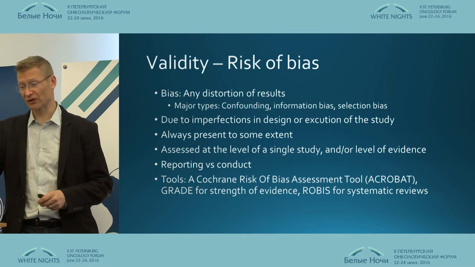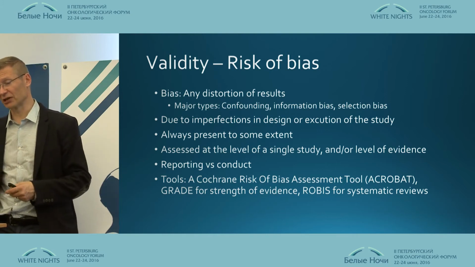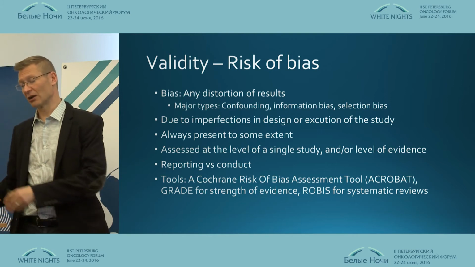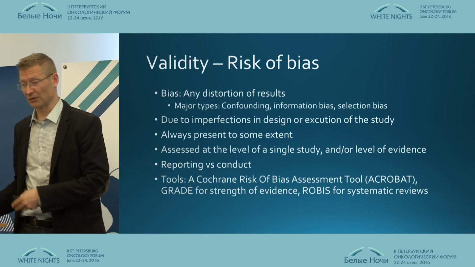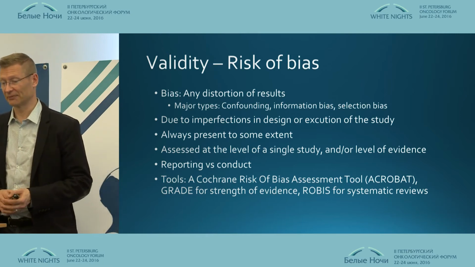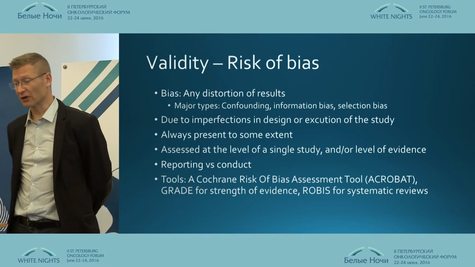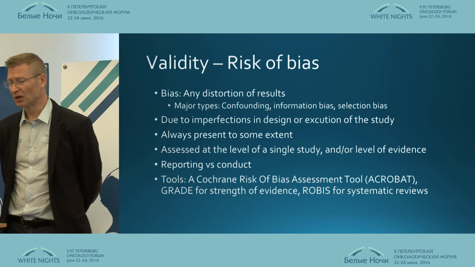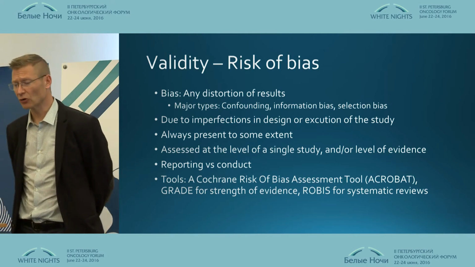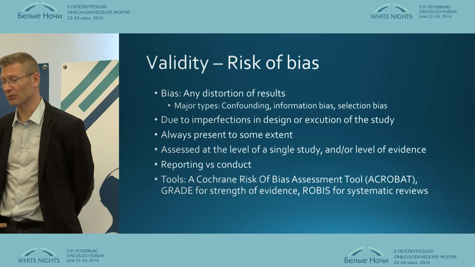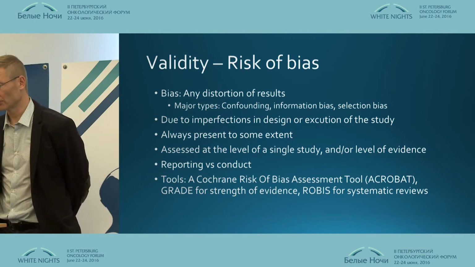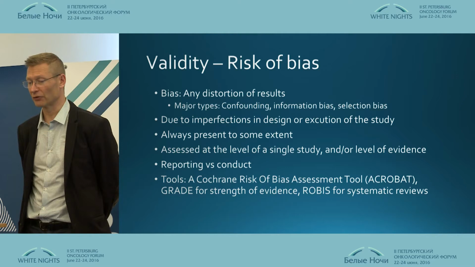What makes this also difficult is that sometimes it's difficult to distinguish between bad reporting and bad conduct, because if something is not reported, you cannot assess it. There are several tools developed for this, and the Cochrane Collaboration has developed something called ACROBAT. I'll give a very brief account of it.